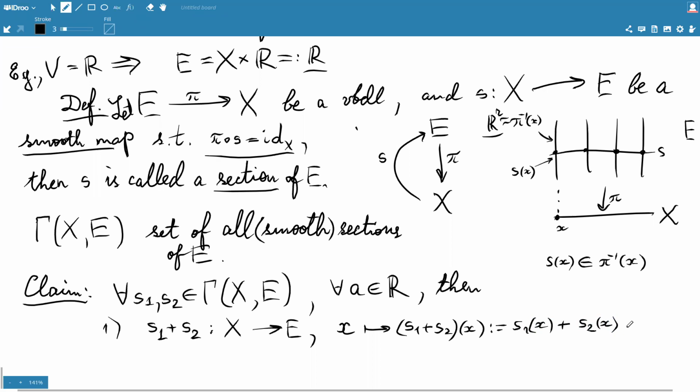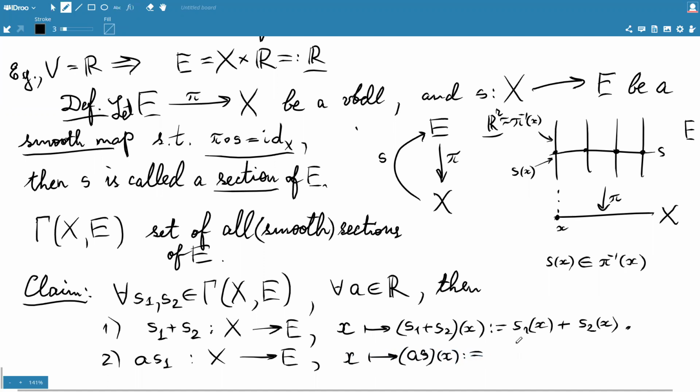This is the definition of this sum. Respectively, what do we mean by A S1? That is a map from X to E, sending each point x to its image A S1 of x.